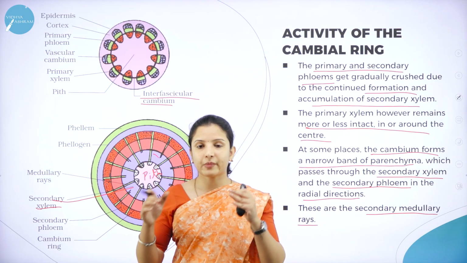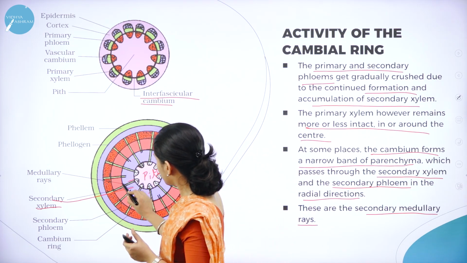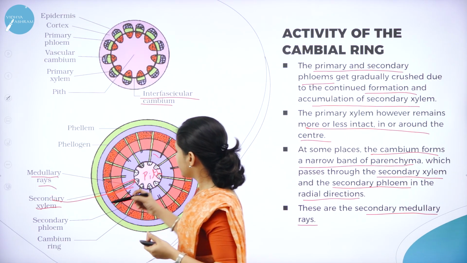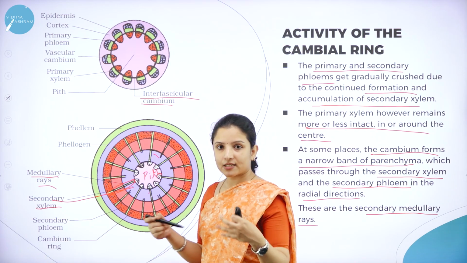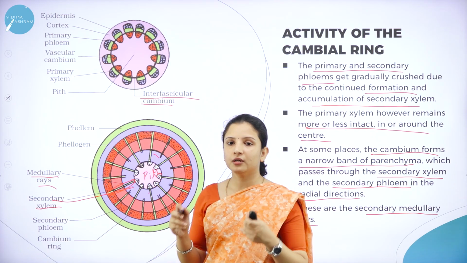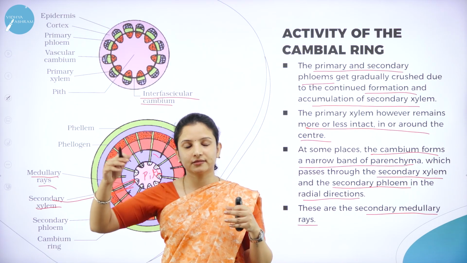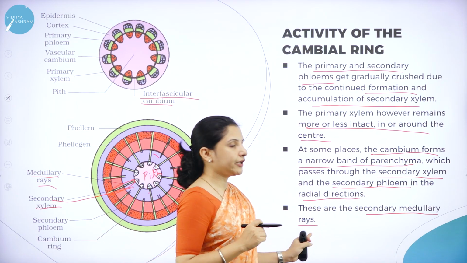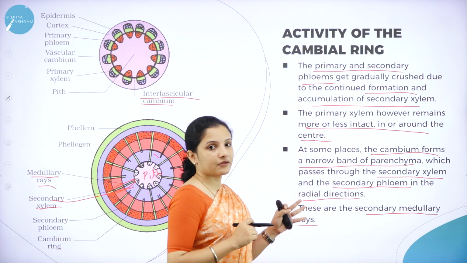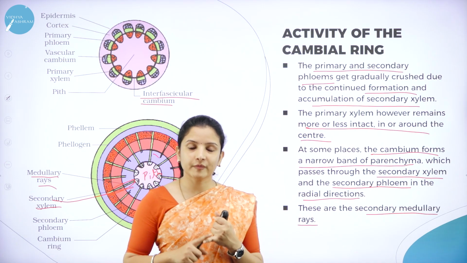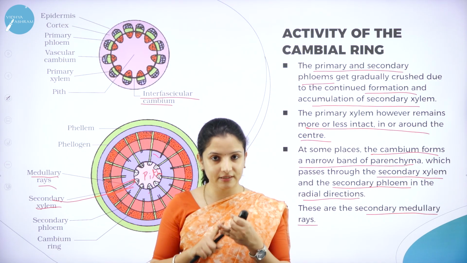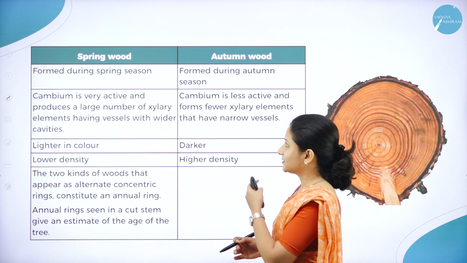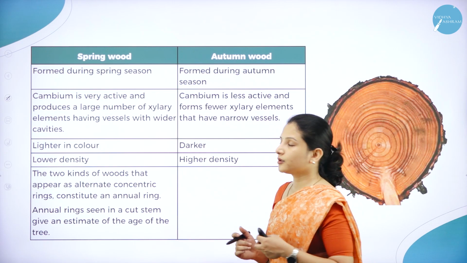A ray of parenchymatous cells will be formed between the secondary xylem and the secondary phloem, and it looks like sun rays. It looks like a radial arrangement, therefore it is called the medullary ray. So, this is the activity of the cambial ring to form the secondary phloem, the secondary xylem as well as the medullary rays. Next we shall see what the spring wood and autumn wood are.